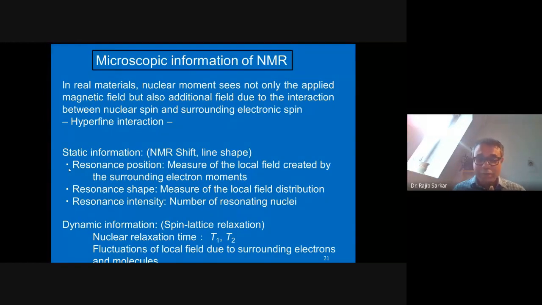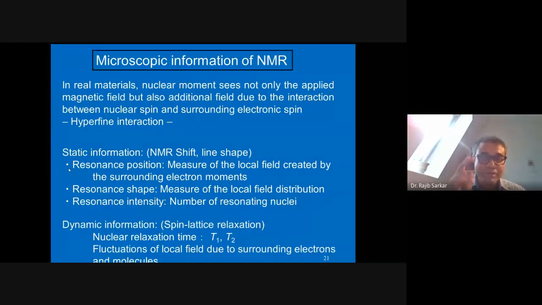Now your nucleus is surrounded by a lot of electrons, and that nucleus interacts with the surrounding electrons. That is the hyperfine interaction, and that's very important for those talking about NMR in general.